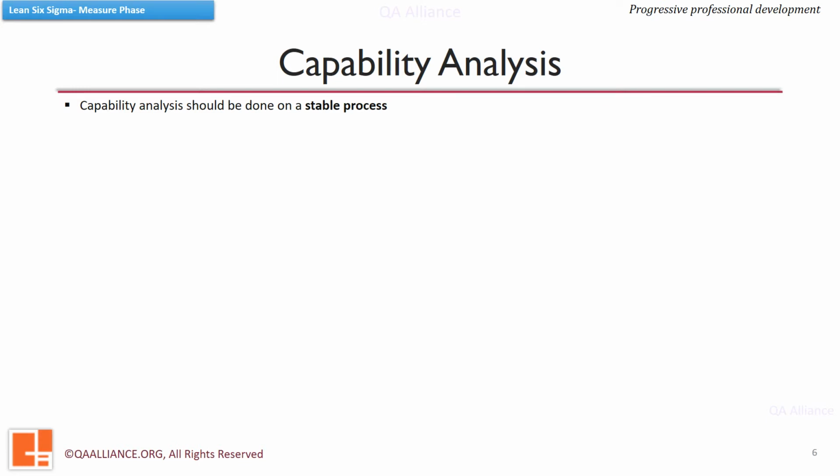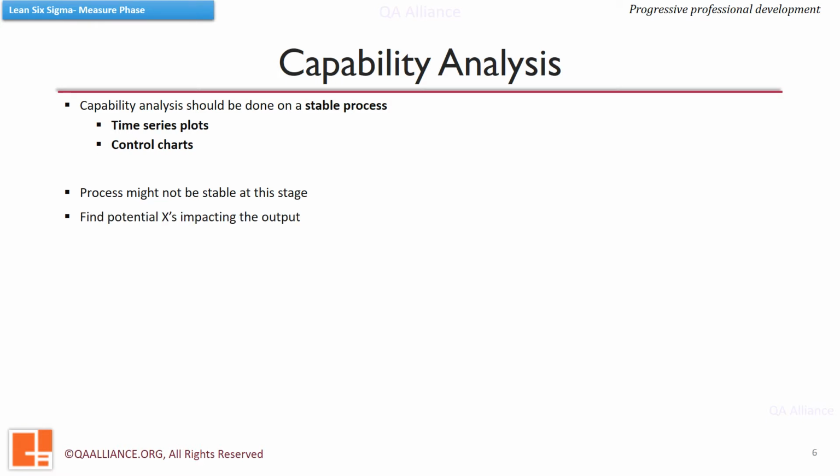Just imagine, if we do not have predictable data, doing a capability study is of no use. Time series plots or control charts are used to check stability of the process. We must understand that at the time of the measure phase, the process might not be stable. This acts as a mechanism to find out various potential independent variables or the X's which are leading to defects in the output, meaning the output beyond the specification limits.